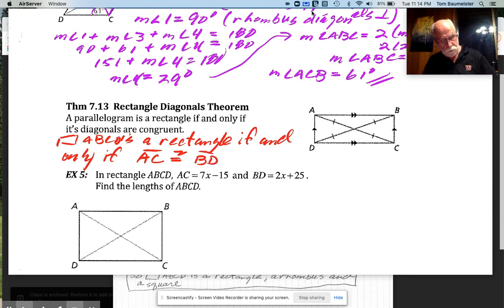Again, it's talking about this diagonal and this diagonal.